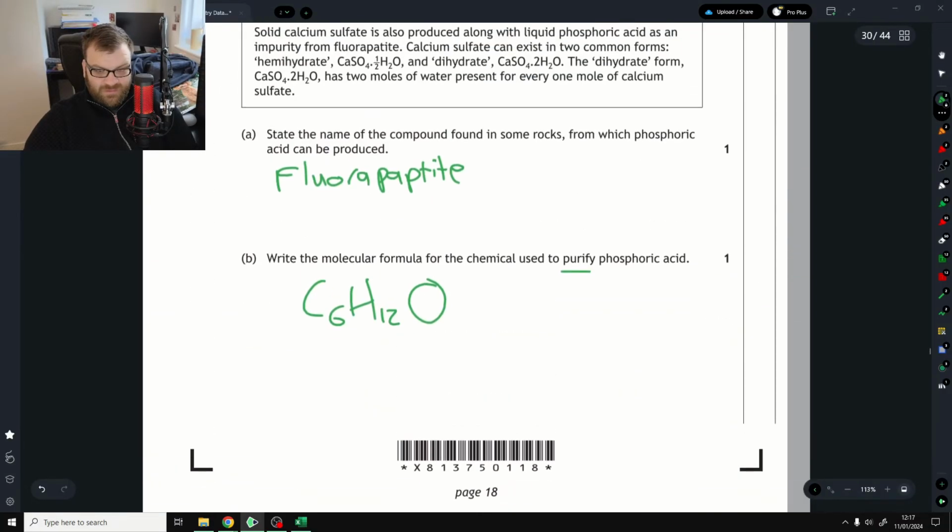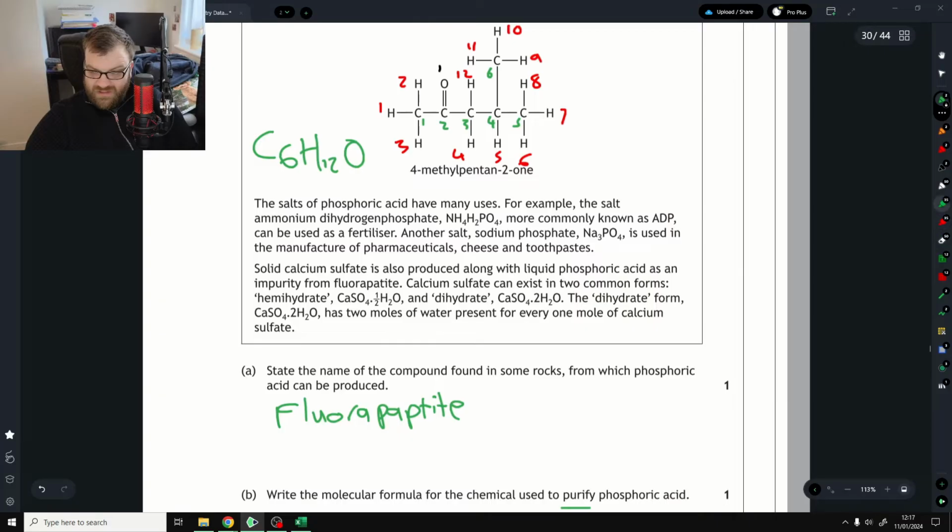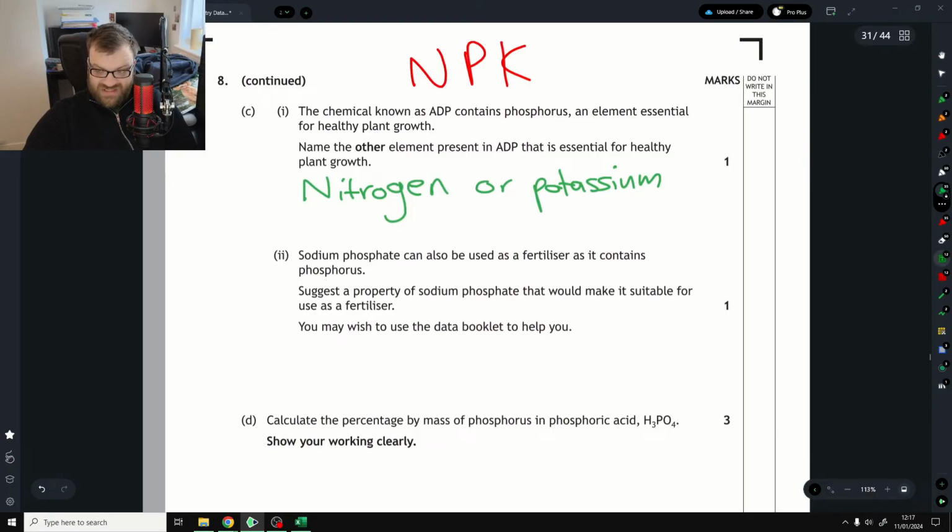ADP is this chemical here. Now, when we look at that chemical, it does not contain potassium. It contains nitrogen and phosphorus. So for this particular question, I'm going to get rid of that one. It's only nitrogen that is in that chemical, which is also needed for healthy plant growth.